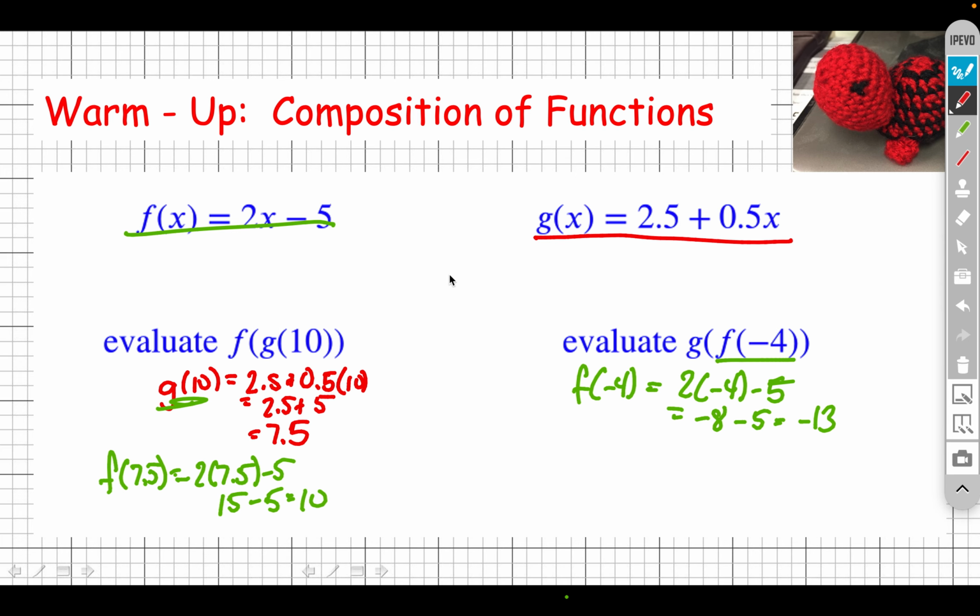Now we come along and do our g. So we do g of -13, which is 2.5 plus 0.5 times -13, which is 2.5 plus -6.5, going to be -4.